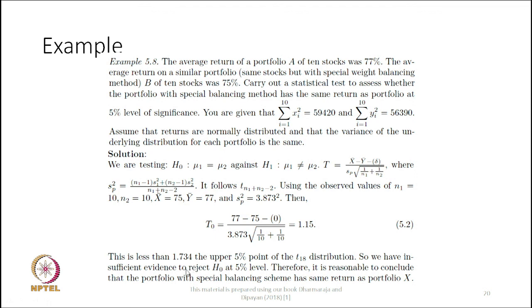So, we have insufficient evidence to reject H naught at the 5% level. Therefore, it is reasonable to conclude that the portfolio with the special balancing method has the same return as that of portfolio A.